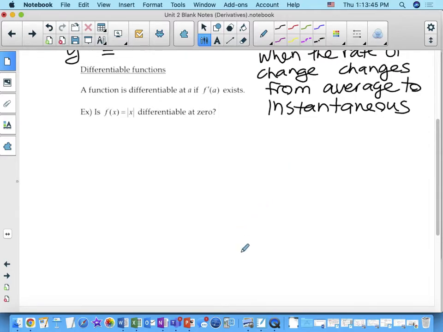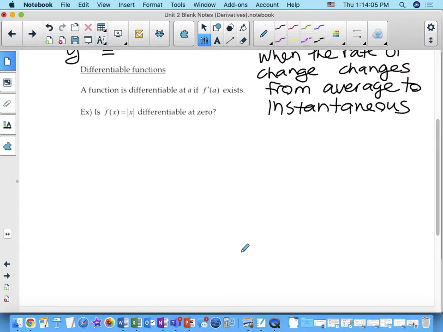That's one thing we need to know. If there's a point of discontinuity, there's not going to be a derivative there, because how can we find the slope of a tangent line at a point of discontinuity? Okay? A function is also not differentiable at the end point of a function.